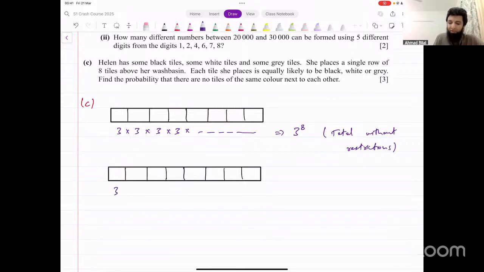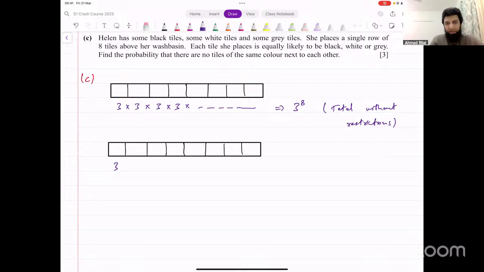We are randomly putting tiles, and each tile is equally likely to be black, white, or gray. So that's why we say we have 3 options for the first place. Now, once we have placed one tile here, let's say we've placed black here. If we have black as the first tile, how many options do we have for the next tile?